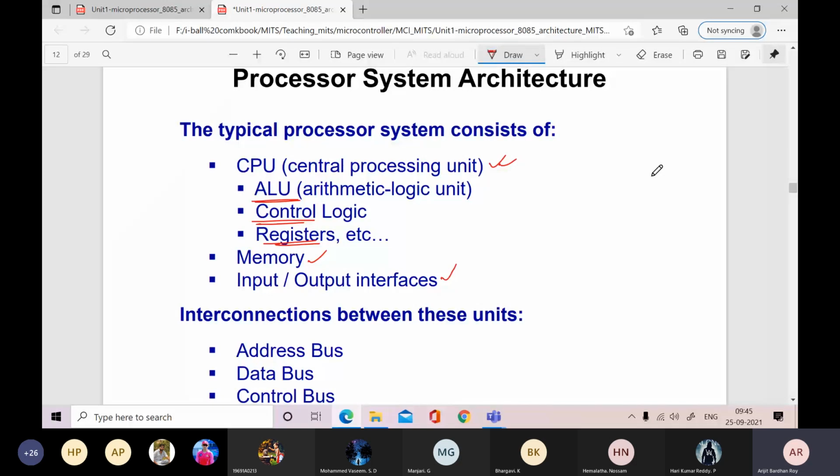Memory, you know, ROM, RAM, is there in every computer, every laptop, smartphone, and input output interface components like the mouse, keyboard, monitor, microphone, speaker, this is all. Okay, so these three items must be there.